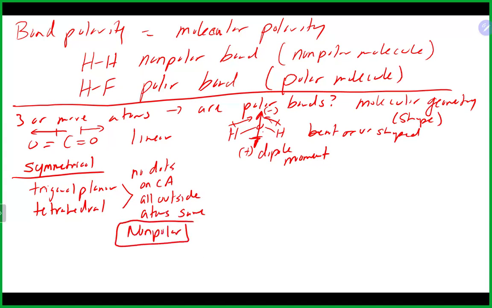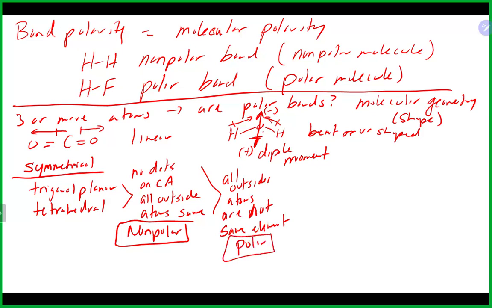Remember, though, if you change one of the outside atoms to something different, it will then become polar. So if you have this situation, but all the outside atoms are not the same element, you will then make it a polar molecule. So that's the exception to that one.